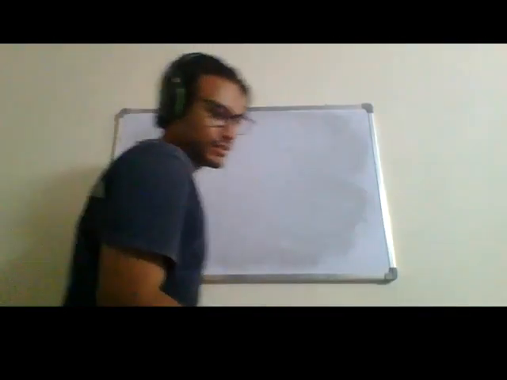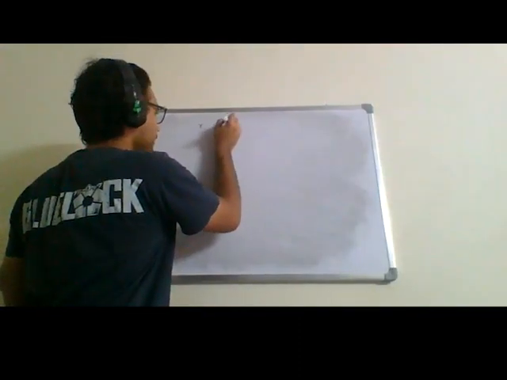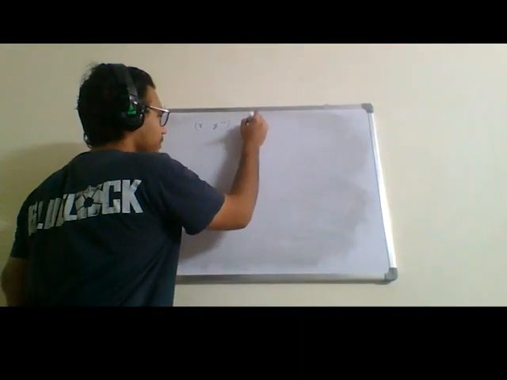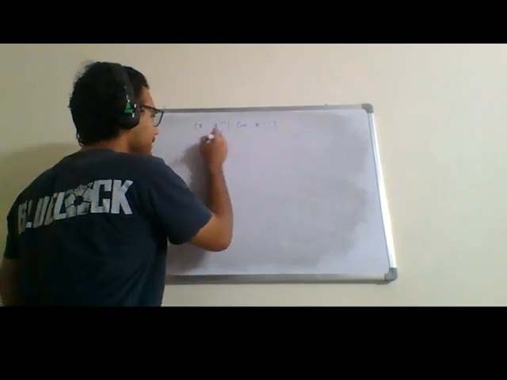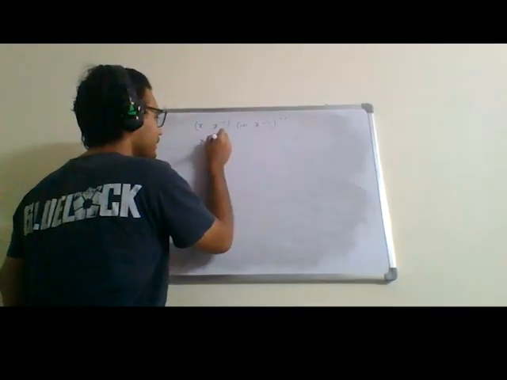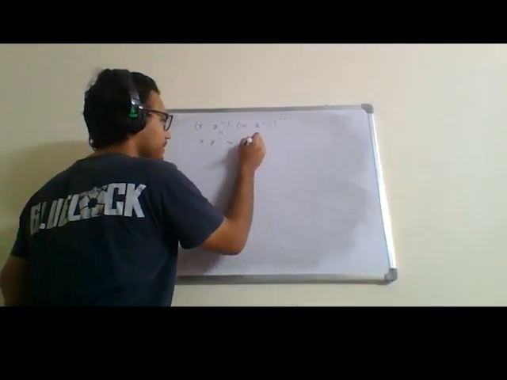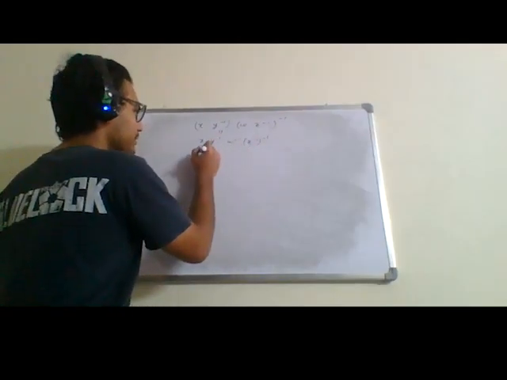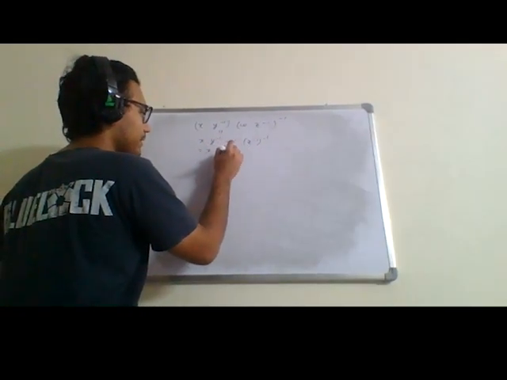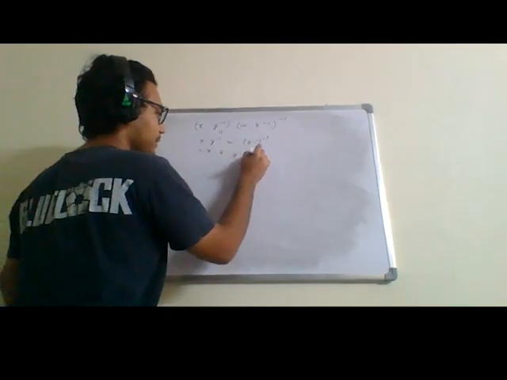But yeah, now that we've done that, I can easily show x dot y inverse dot w dot z inverse is equal to x dot y inverse dot w inverse dot z inverse. And that's equal to x dot z dot y inverse dot w inverse.